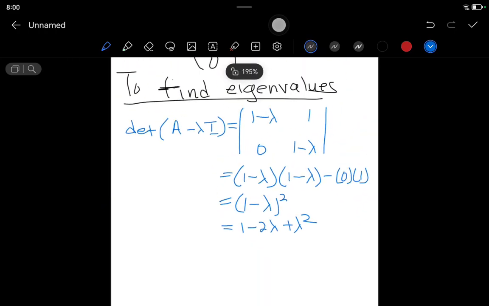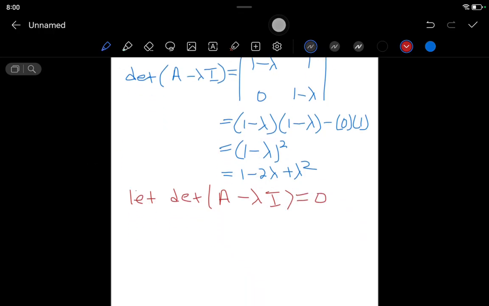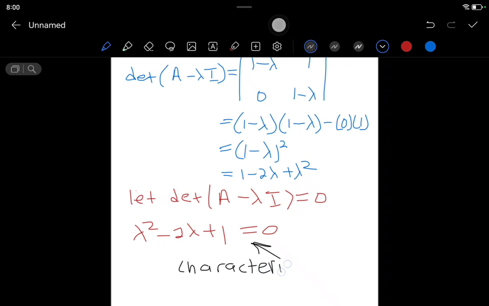If I let the determinant of A minus lambda I equal 0, then I get lambda squared minus 2 lambda plus 1 equals 0, which we know is the characteristic polynomial.